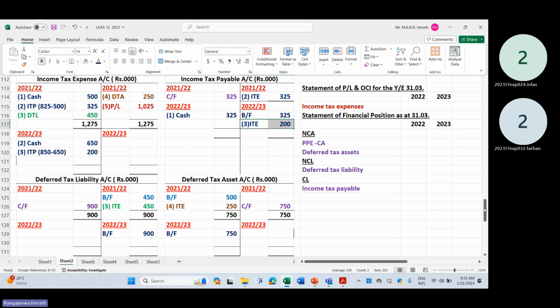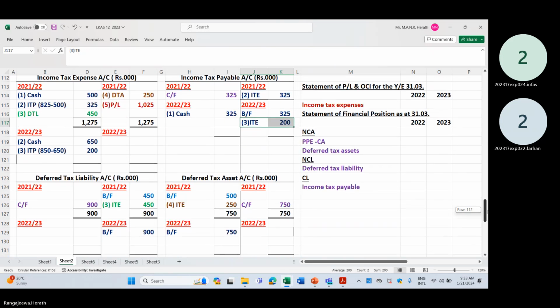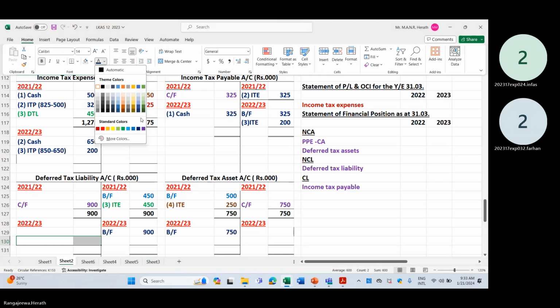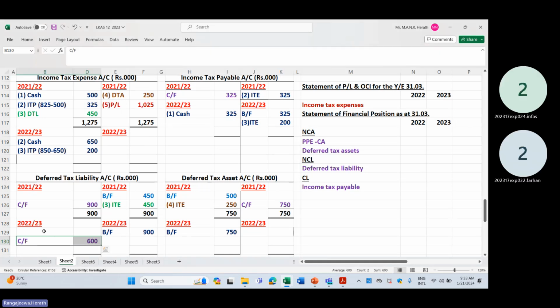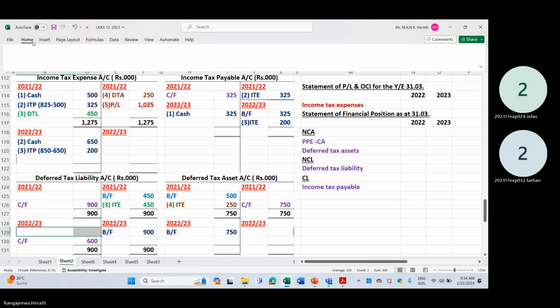Now the deferred tax liability 600. The 2023 balance carried forward is 600. 900 decreased to 600, so you have to debit the deferred tax liability account. අපිට මේ account එක balance කරන්න තියෙන සාමාන්‍යයෙන්. 900 opening balance එක තිබුණා, closing එක 600 වෙනවා. එහෙනම් මෙතන debit වෙන්න ඕනේ 300.